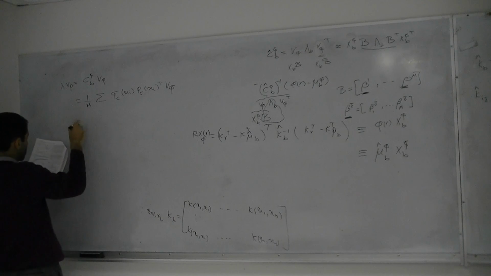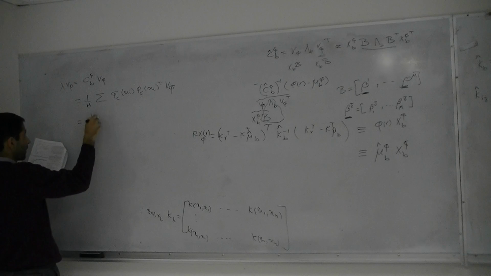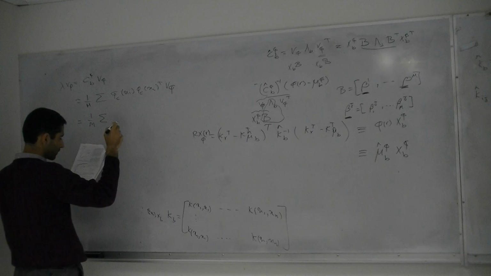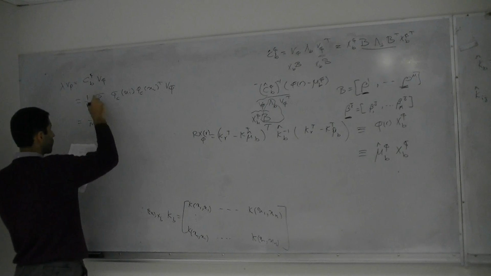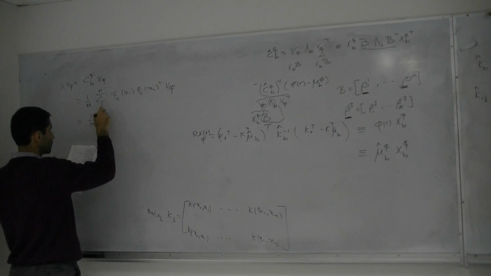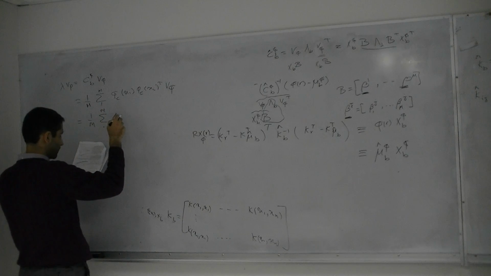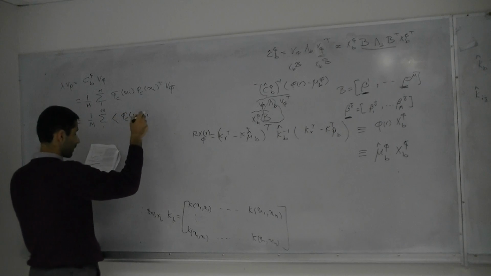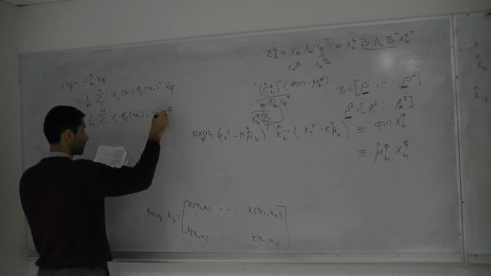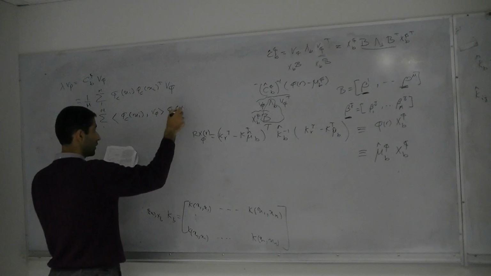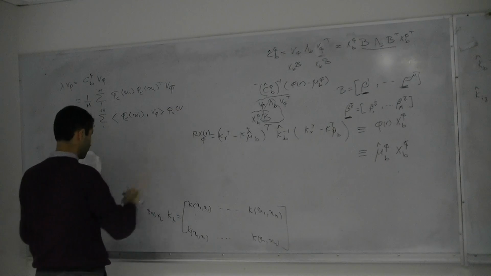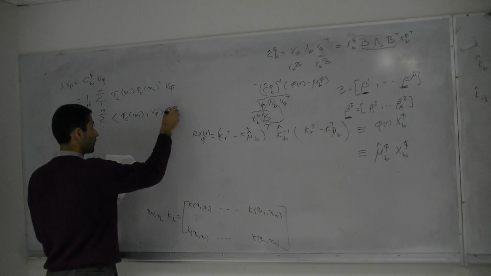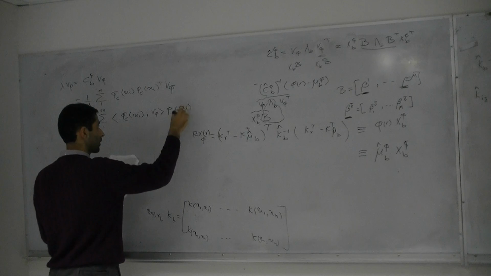And this one is equal to 1 over n, sigma from 1 to n, eigenvalue of phi center x_i, v, phi multiplied by v, center x_i.